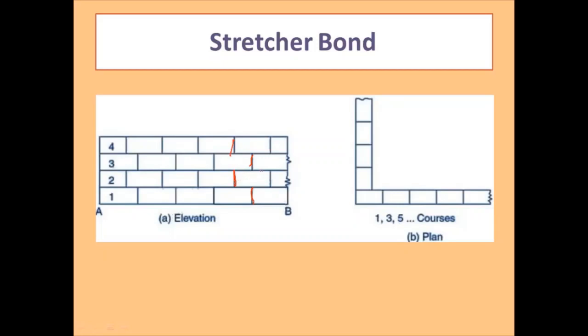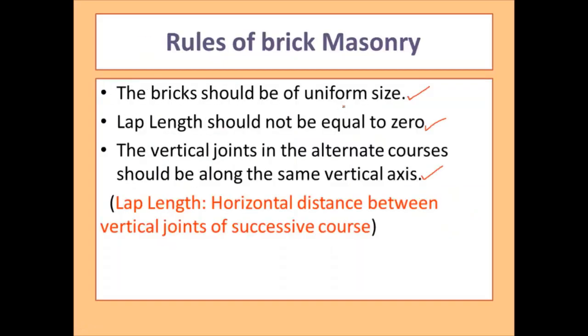So that is the third rule. Vertical joints of alternate courses must be in the same line, whereas vertical joints of successive courses should not be in the same line. These are the 3 rules of brick masonry.